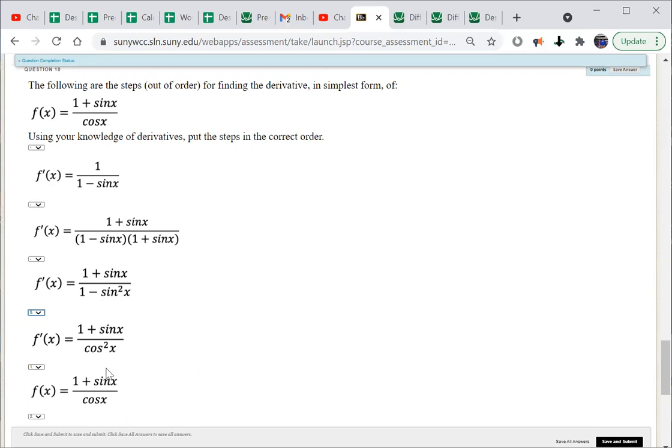Pythagorean identity, cosine squared is the same as 1 minus sine squared. So that would actually make this my next step. 1 minus sine squared actually factors as a difference of perfect squares: 1 minus sine, 1 plus sine. So that's 7. And then finally, 8 would be the only one left over, but you can see that's what would happen if you cancel the 1 plus sines.